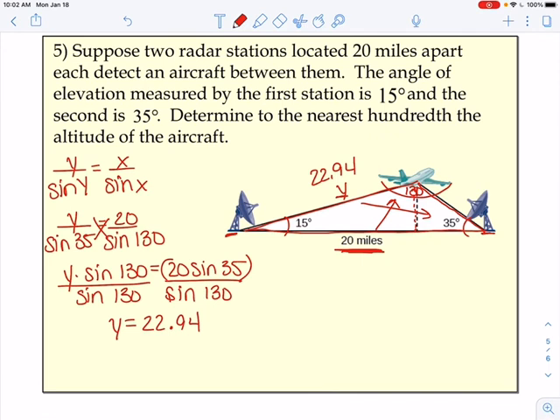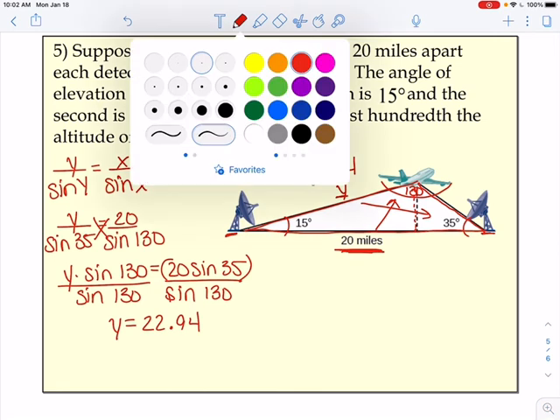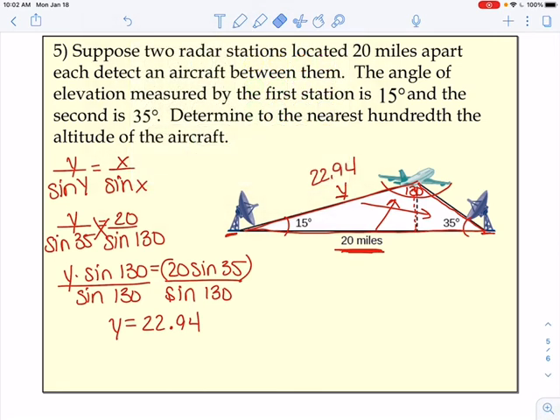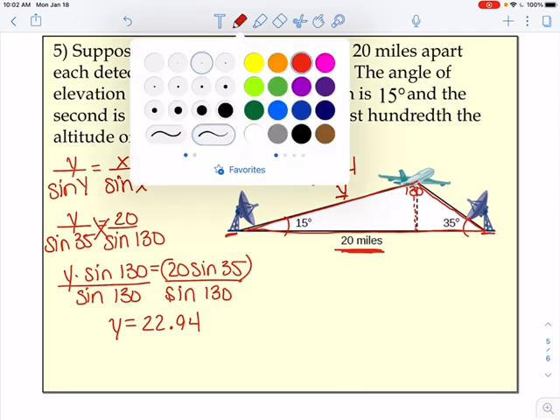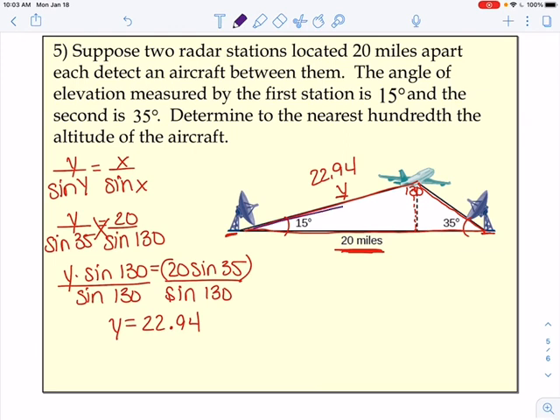Now I think I have enough information where I can use SOHCAHTOA. I'm going to clean up this picture a little bit and highlight the triangle I'm going to talk about, this left triangle right here. Altitude is always perpendicular, so I definitely have a right angle there.